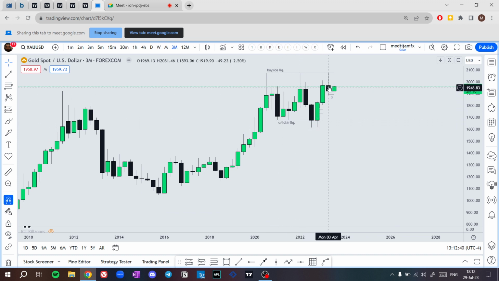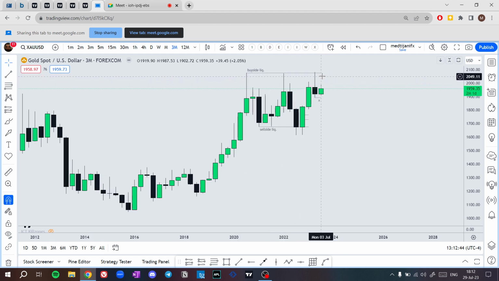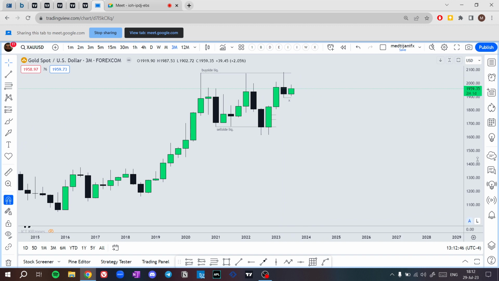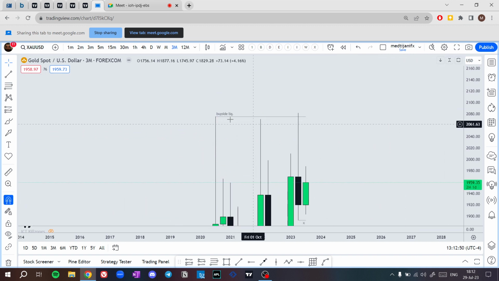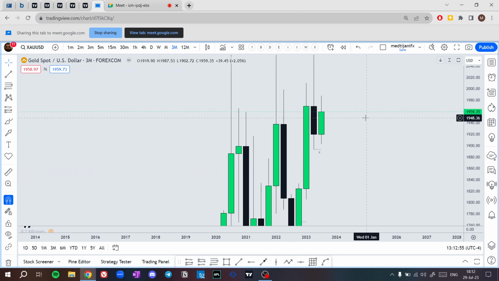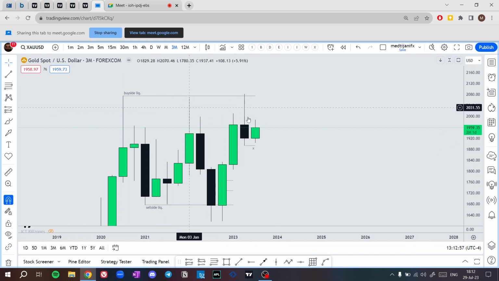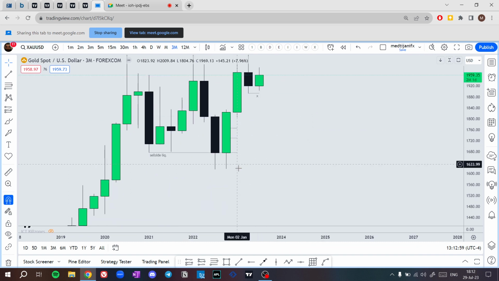Then it went higher to check these equal highs by just a pip. If you zoom in, it's still equal highs here, and we're still going to see higher prices.